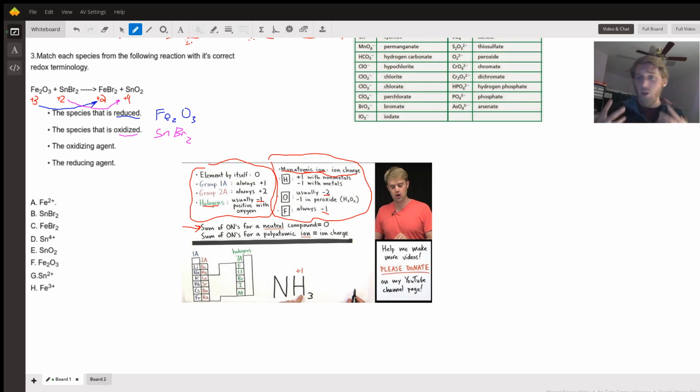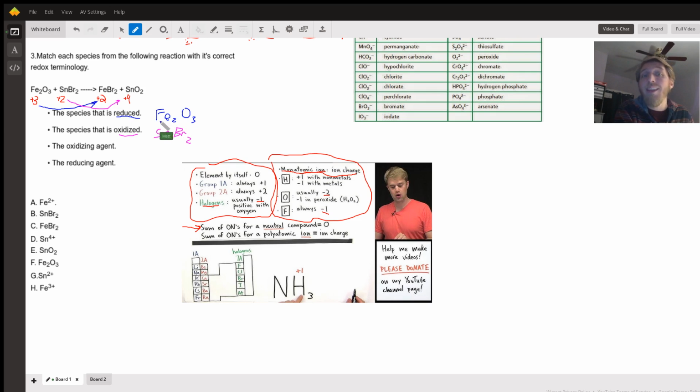So you can think about it in terms of the electrons, or you can just look at the opposite thing. In this case, we really want to focus in on the ions that gave away electrons or received them. So let's hone in on that. Let's see. So iron oxide was reduced. That means the iron ions received electrons.